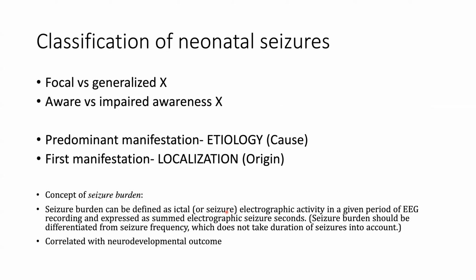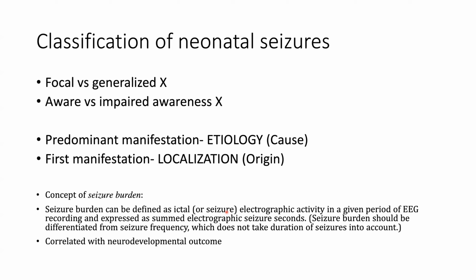It is important to note the predominant manifestation in a seizure. So if the child has myoclonus as a predominant manifestation, that has a direct bearing on the etiology. As I told you, when you have lots of erratic myoclonic seizures, you think of metabolic causes, as in the EME syndrome, which I just told you about. Whereas the first manifestation means which part of the brain gets activated first.